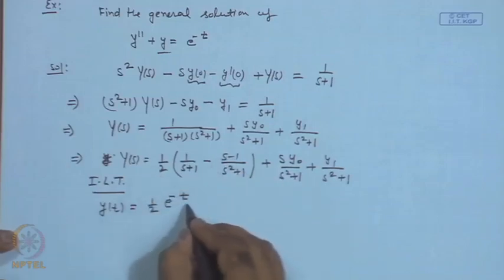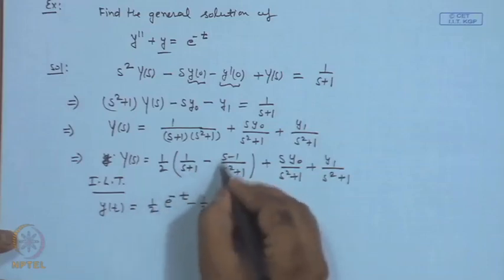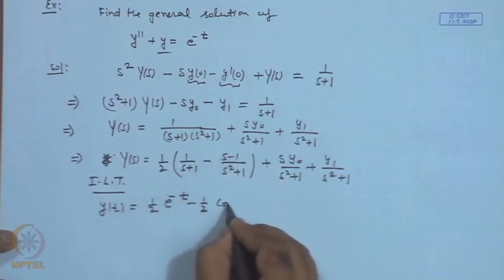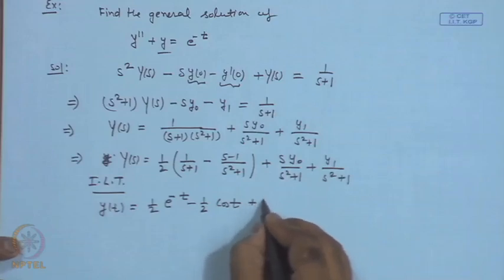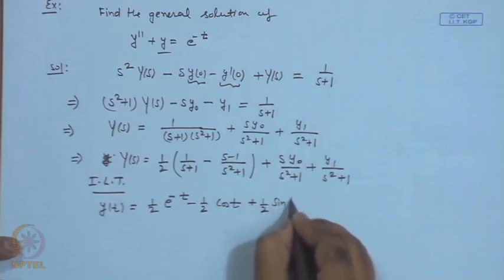Then we have minus half, and s over s squared plus 1, that is cos t. Then we have plus 1 over s squared plus 1, so this is sin t.